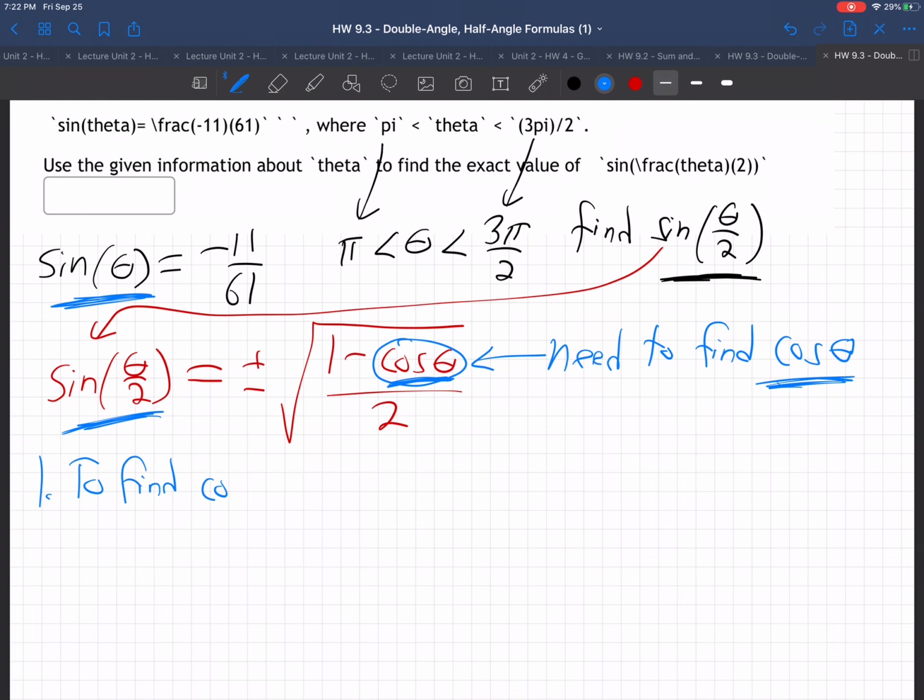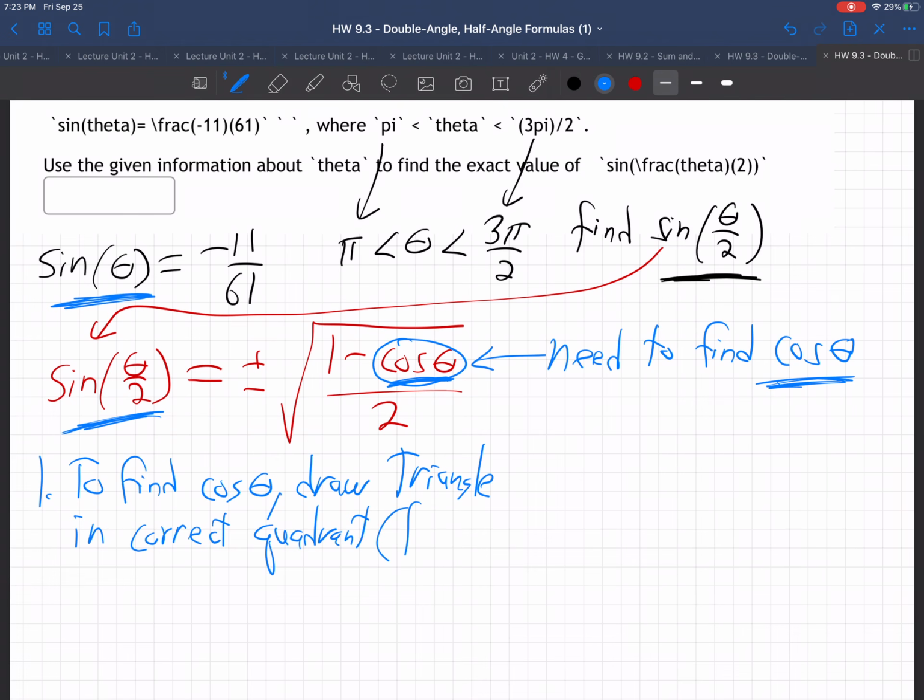To find cosine of regular theta, draw the triangle in the correct quadrant. Find the quadrant using All Students Take Calculus.